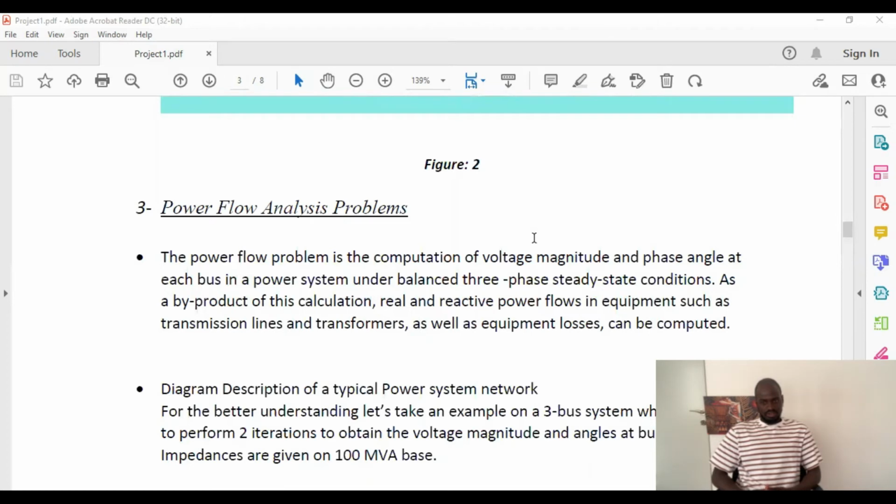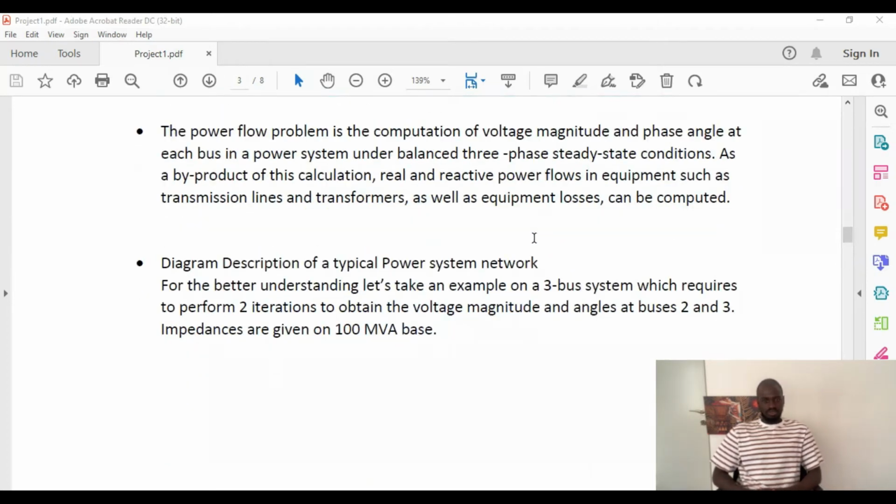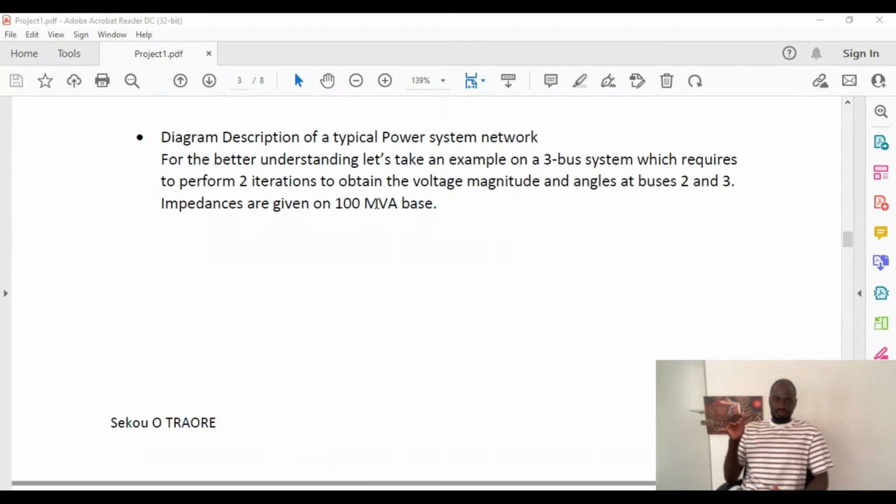Diagram description of a typical power system network. Let's have an example of a 3-bus system, which requires performing 3 iterations to obtain the voltage magnitude and phase angle at bus 2 and bus 3. Impedances are given on a 100 MVA base. So this is the figure that I was talking about.